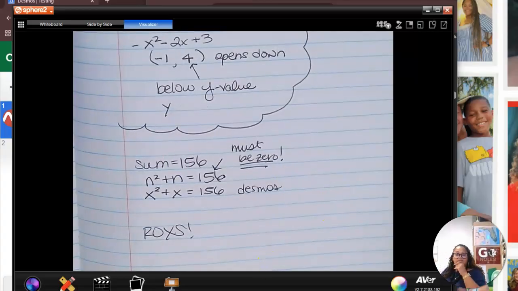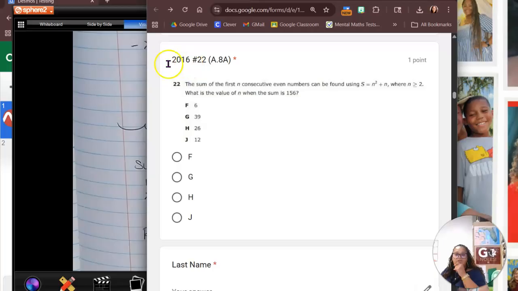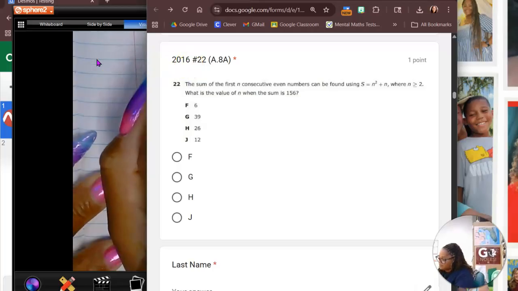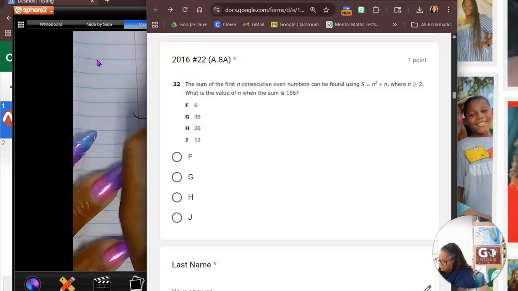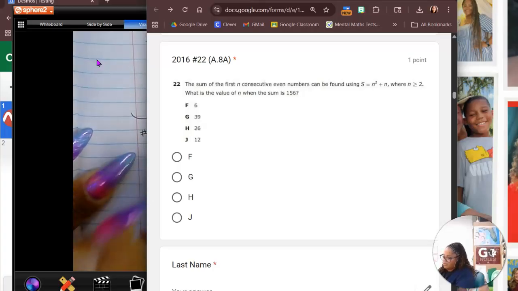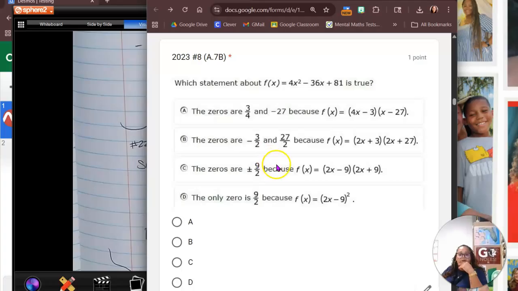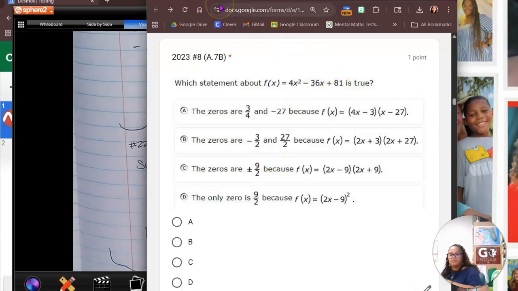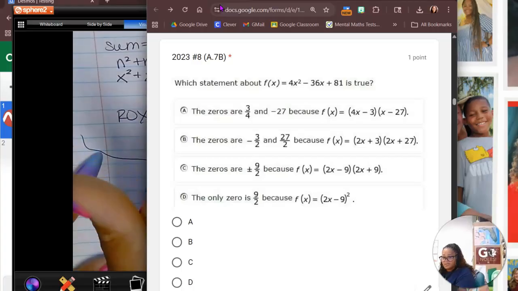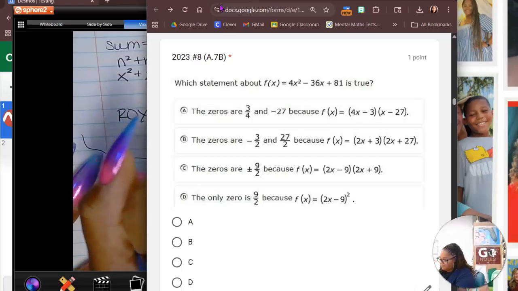What question number is this? 22, 2016. Alright, 4x squared minus 36x plus 81. This is number 8, 2023.